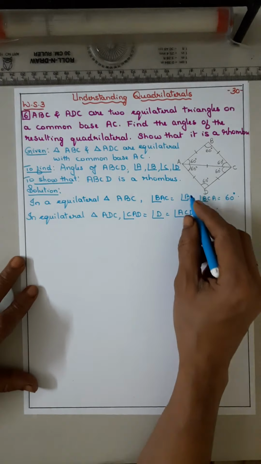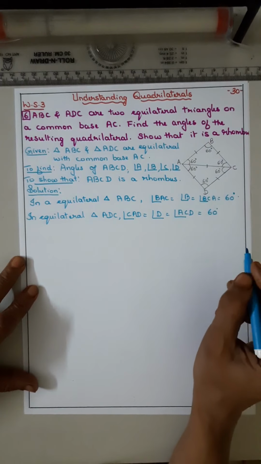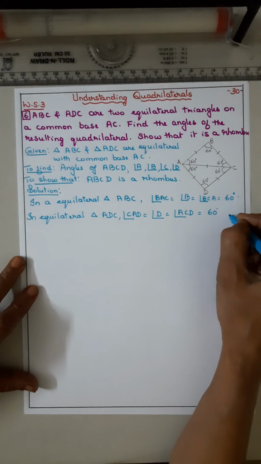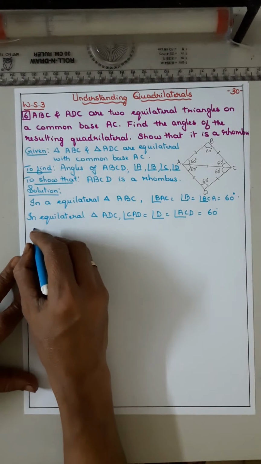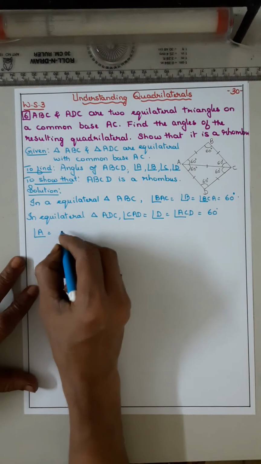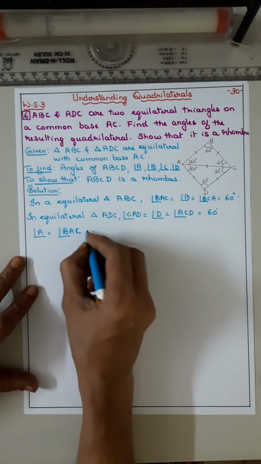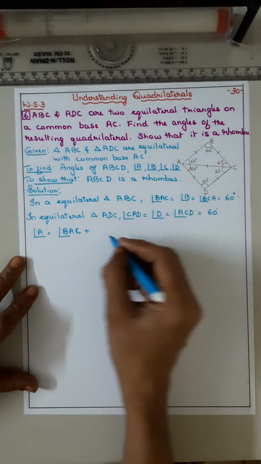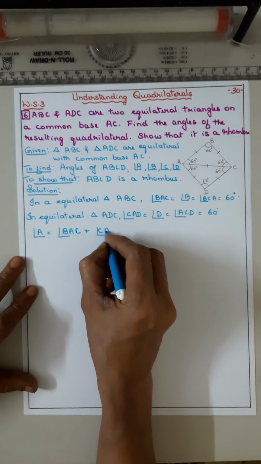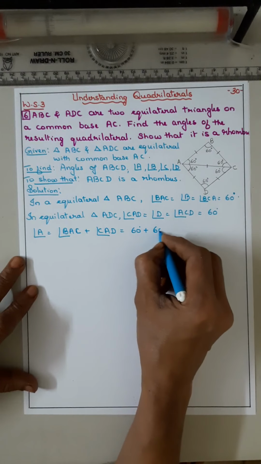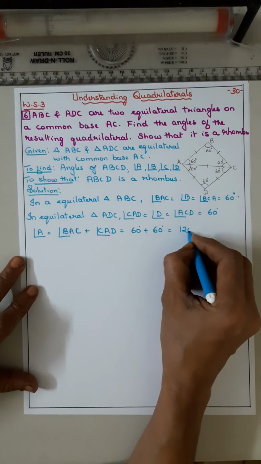So you got B and D. Now the other two: angle A is equal to angle BAC plus angle CAD, which is 60 plus 60 is equal to 120 degrees.